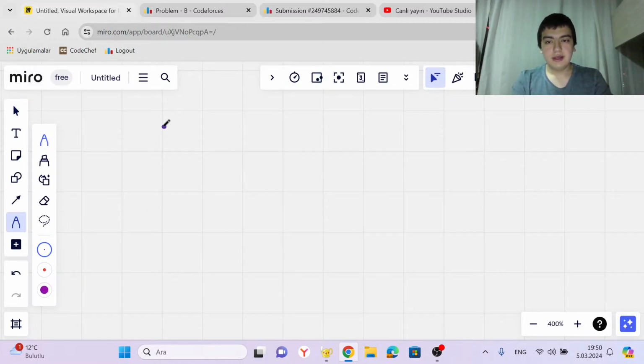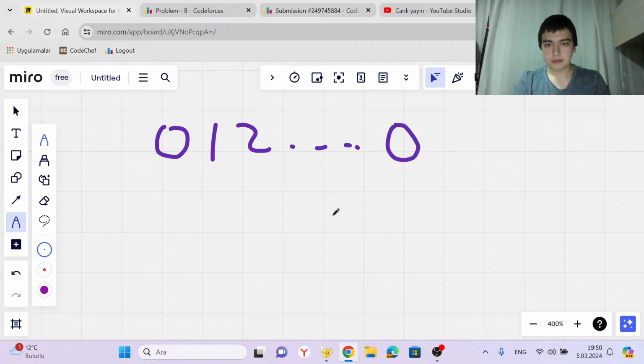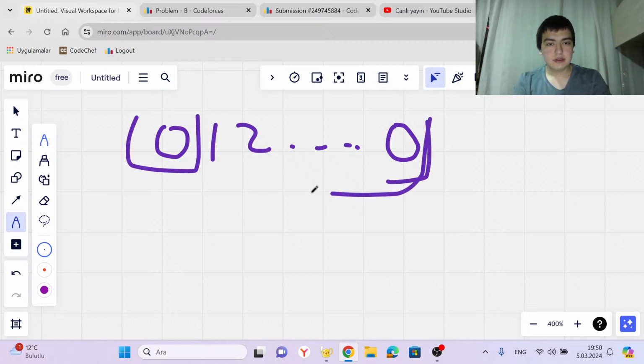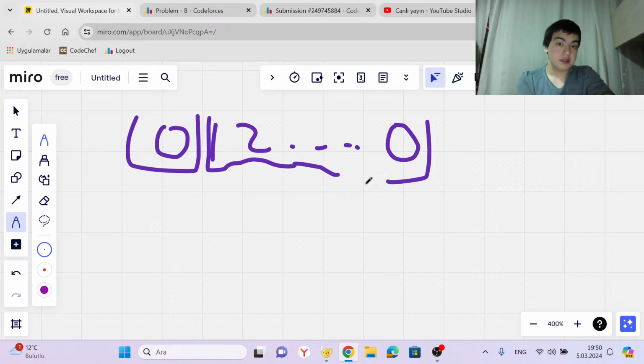First of all, think of 0, 1, 2 going on, and there is a 0. If we divide the array from here, we will take this 1 and 2 with this 0. So we will take this 1 and 2 into the max in the future.